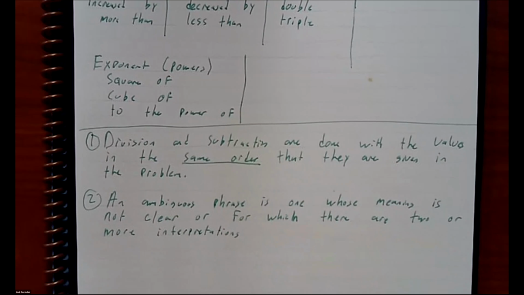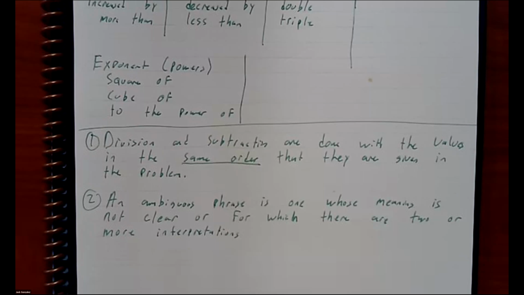What was the last word? Interpretations. Like if you read a math problem phrase, and you feel like you could argue 2 different meanings or more, then it's a bad problem. Have you seen those things on the internet, like, what's the answer to this problem?